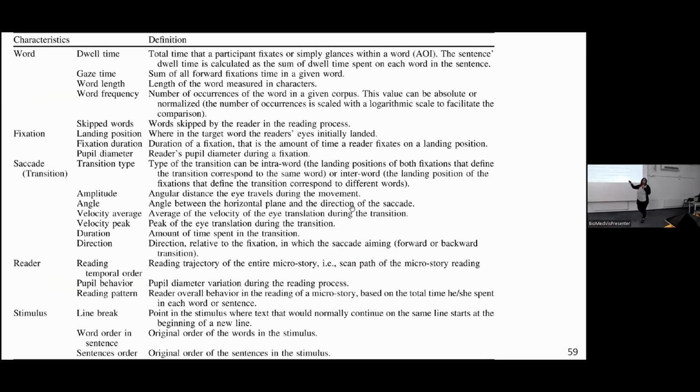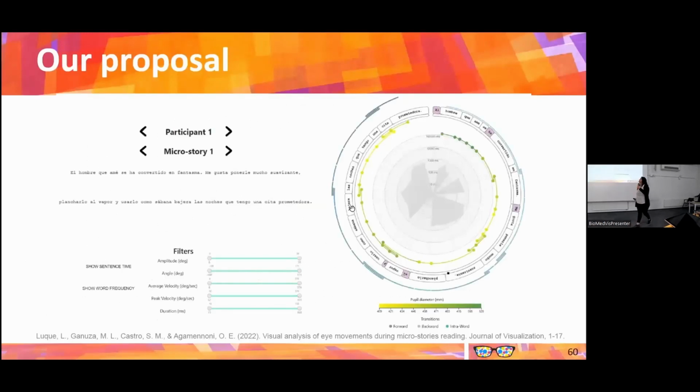We have this table that we published in this work with all the important characteristics that we should analyze for reading of micro stories or short fiction. And what we did is to propose this visualization technique to analyze all these characteristics.